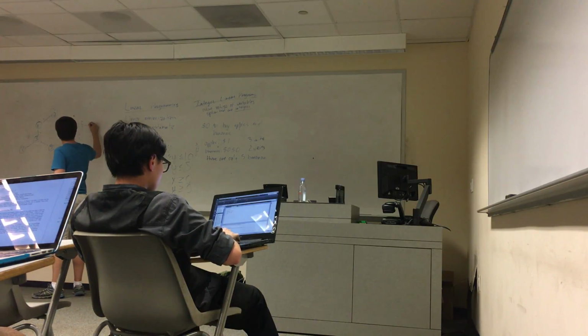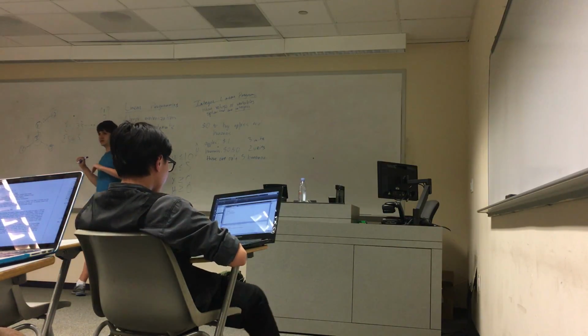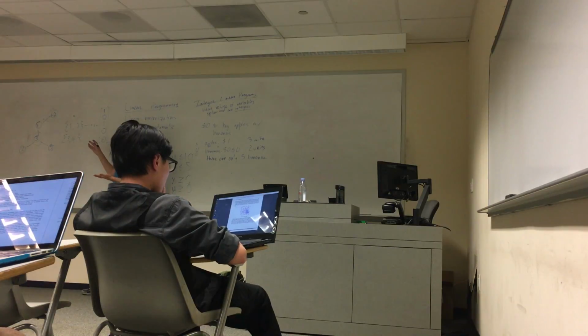So for 1, 3, that would imply that x would be a 1 in the 1 spot, a 0 in the 2, a 1 in the 3, a 0 in the 4, and a 0 in the 5. Do you see why this would be this way?